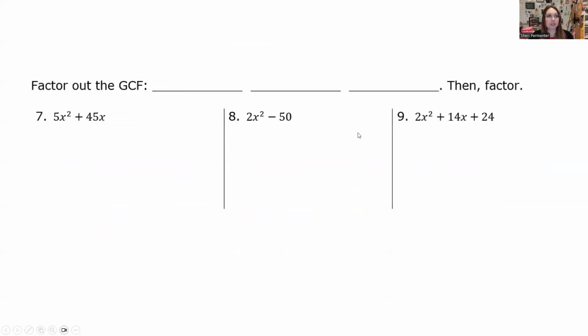So next, we're going to talk about the GCF, or the greatest common factor. The greatest common factor is the biggest number that can divide into both terms. This first problem is very similar to homework questions 1 through 3.